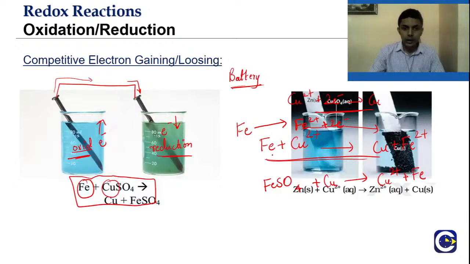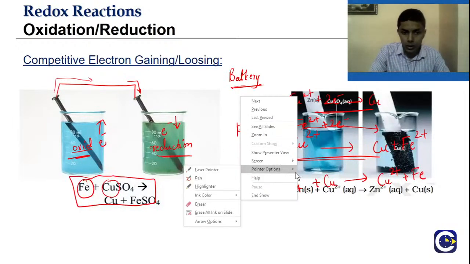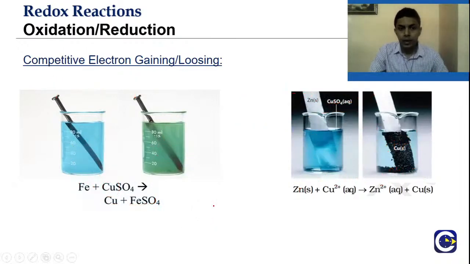Yeah. Here is another example, between zinc and copper. So compared to zinc and copper, zinc has the tendency to undergo oxidation. Copper has the tendency to undergo reduction.